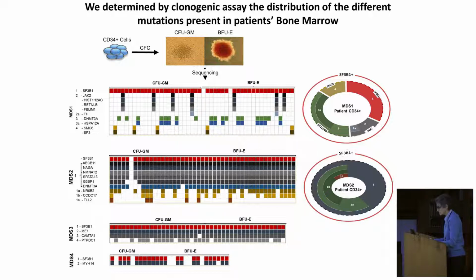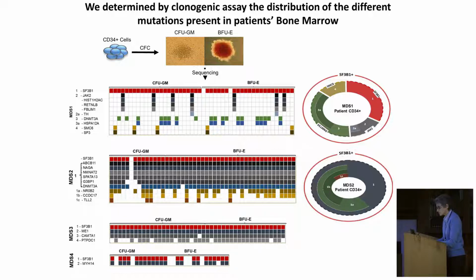For certain patients, specifically these patients, you clearly see in red the SF3B1 mutation, and a number of colonies have only this mutation, indicating that in at least these patients it is probably the first mutation arising. Based on these analyses, we can essentially put the sequence of mutations arising in these patients over time.